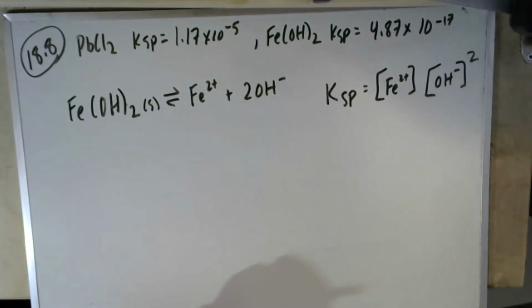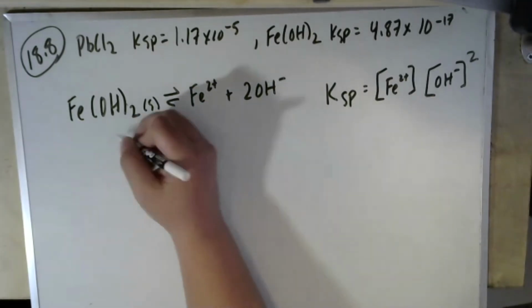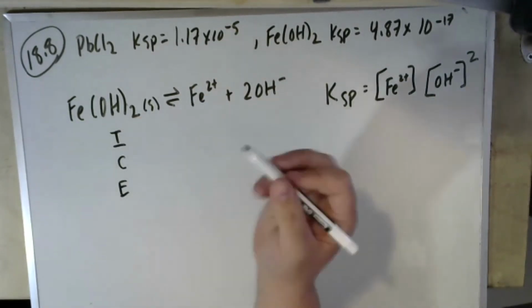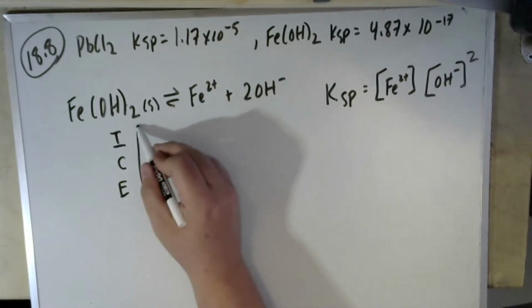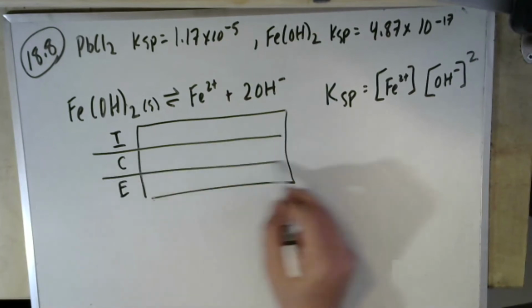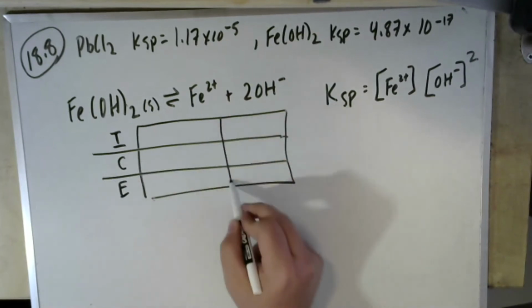All right, now we're going to make our little ice table up. We'll just put the ice under here this time, since we don't need to use the solid part anyway. We're really just concerned about what's happening with these ions.